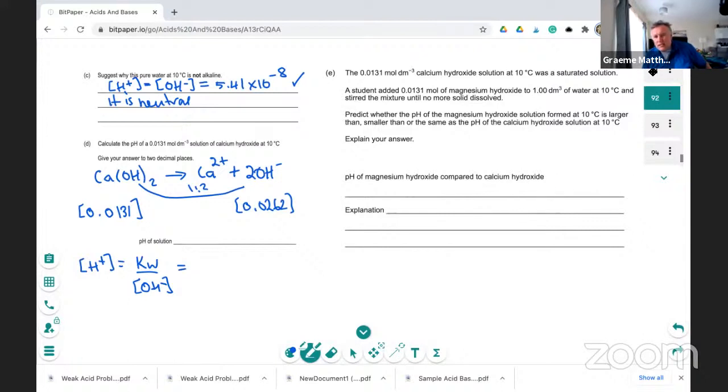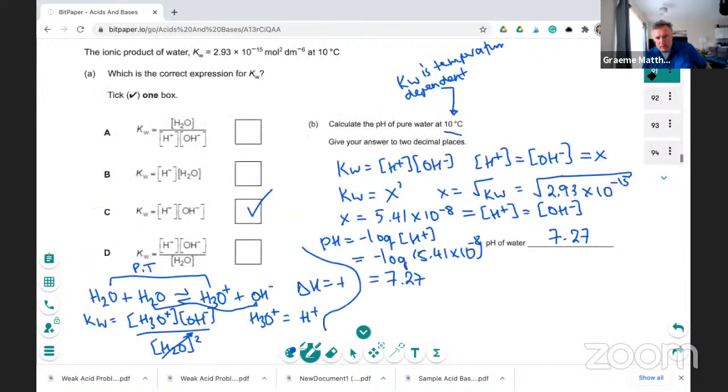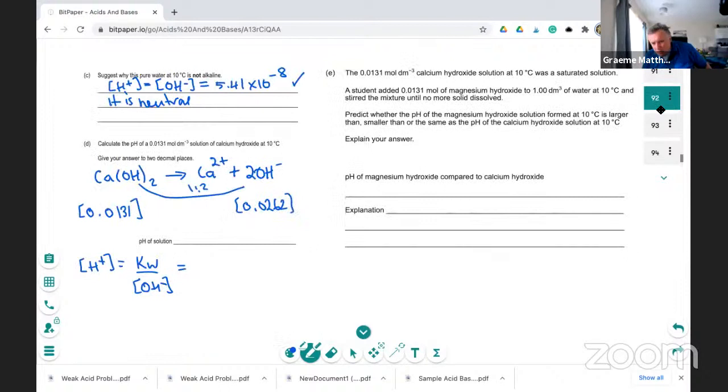But it was actually given in the previous question as 2.93 times 10 to the negative 15.